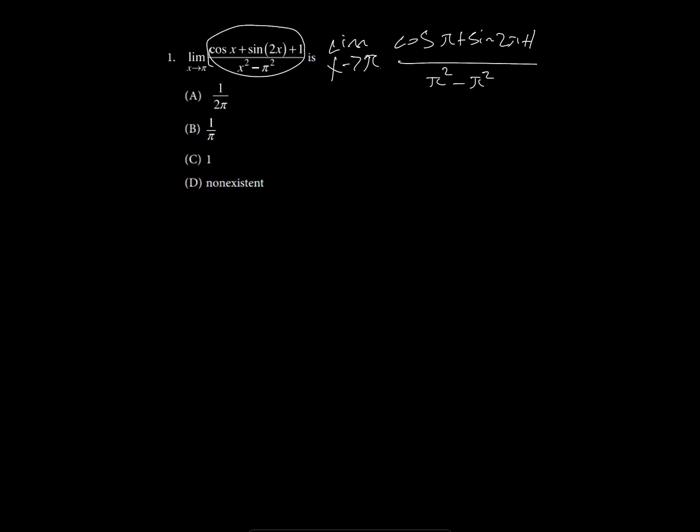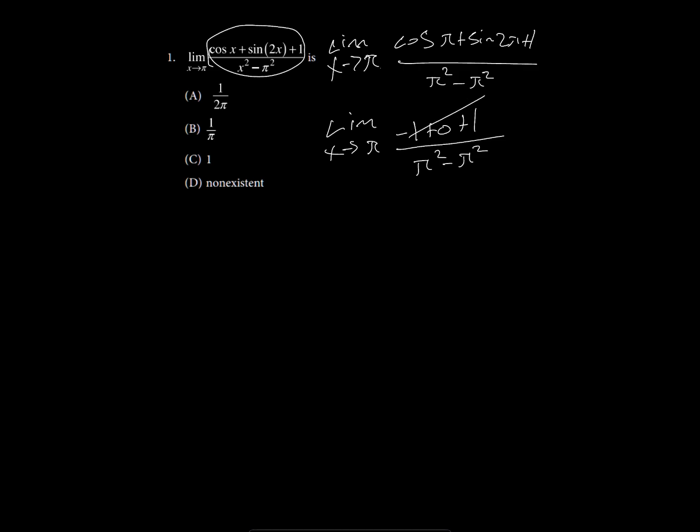We can go ahead and evaluate our trig functions and say limit as x approaches pi. Cosine of pi is -1, plus sine of 2 pi. Sine of 2 pi is just 0, plus 1 over pi over 2 minus pi over 2.